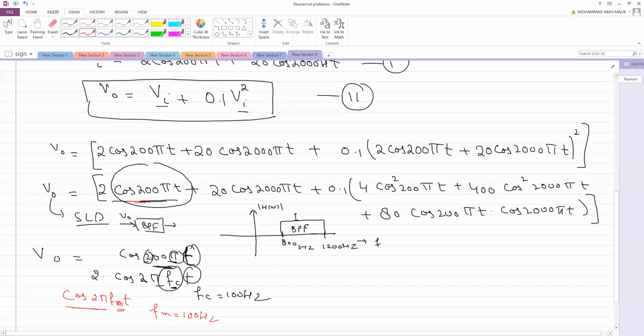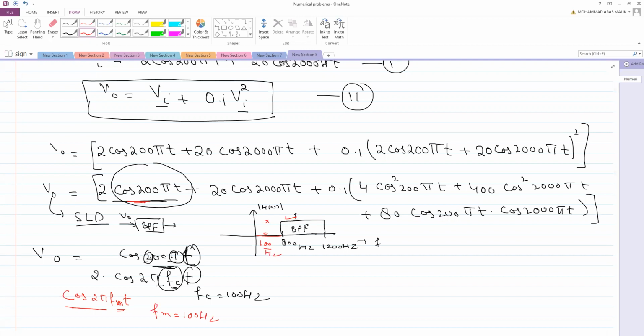And 100 hertz will not be allowed by the band pass to pass, right? That 100 hertz will be somewhere here, and it will not be passed by this because its value is 0 and it will be multiplied with your function. Ultimately you will not get any signal in this case.